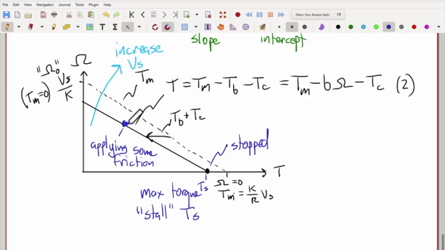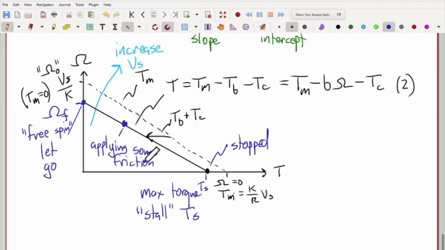Depending on how much friction you apply, the motor will spin faster or slower. It'll be somewhere on this line, but you're always going to be on this line. You apply this much friction, this will tell you how fast you're going to go. And then maybe the last thing you might do is you just let go of the motor, and that's here. This is free spinning, and this is known as omega F, free spinning.